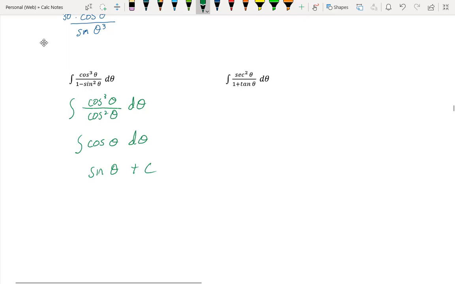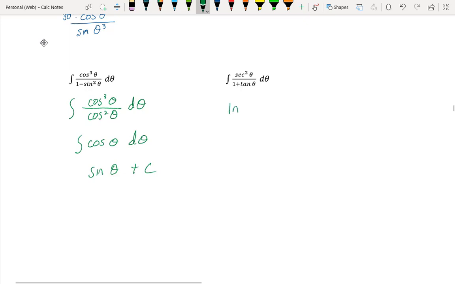All right. Next one. We have the integral of secant squared theta over 1 plus tangent theta. Now again, I need to look carefully here because this 1 might throw me off. But if you look at the denominator, 1 plus tangent theta, the derivative of 1 is 0, and the derivative of tangent theta is secant squared theta. So this is a log function here.